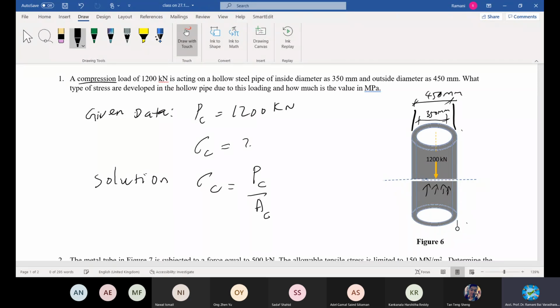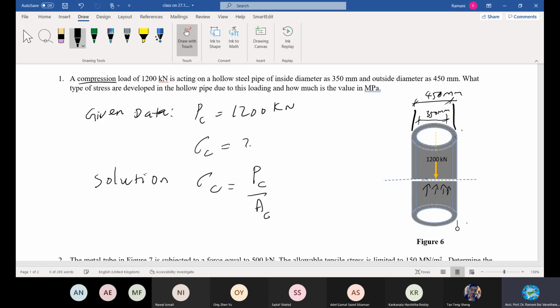What is the area on which it is acting? It's a hollow pipe. Remember, it is a hollow pipe. How can you measure it? Hollow means inside there is no material, right? The material in action will be this thick portion, the wall thickness, which is bearing the compression load, not the material inside. There is no material inside.